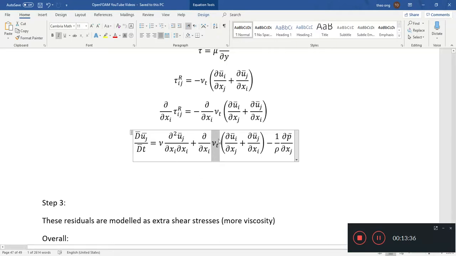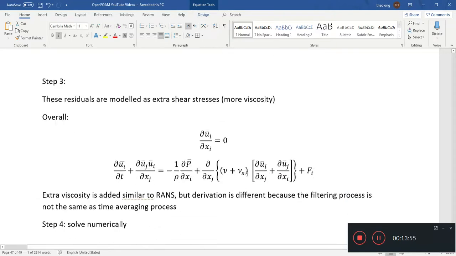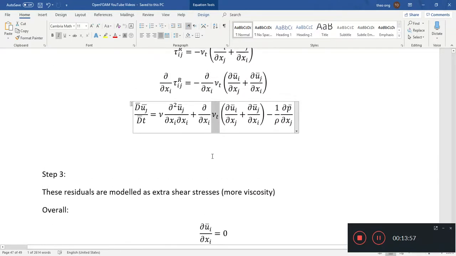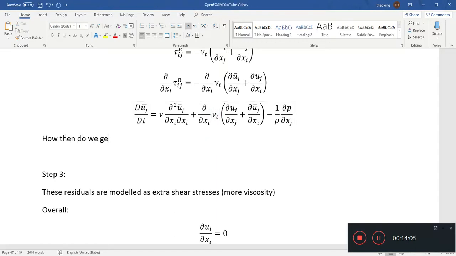Of course, we can cancel this term out depending on the assumptions we use, but generally we just leave it there first. So what we have is this extra little turbulent viscosity or eddy diffusivity. That's the long and short of it. The rest can be solved by Navier-Stokes. The question is, how then do we get turbulent viscosity?